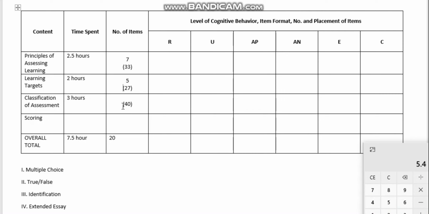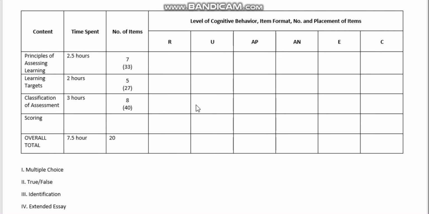Then for the third topic, we have 0.40 times 20, equal to 8, so we have 8 items for the third topic. Let us first make sure that we have a total of 20 items. So 7 plus 5 plus 8 is 20.